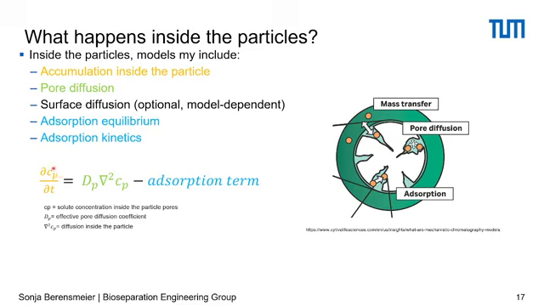Here we have the concentration of the molecule inside the particles over the time, described by pore diffusion. So this is movement of the pores inside of the particles, and then a possible adsorption term, right? So if the molecules are interacting with the surface, they're leaving the fluid phase inside of the particles and would therefore be gone from the fluid inside the particles.